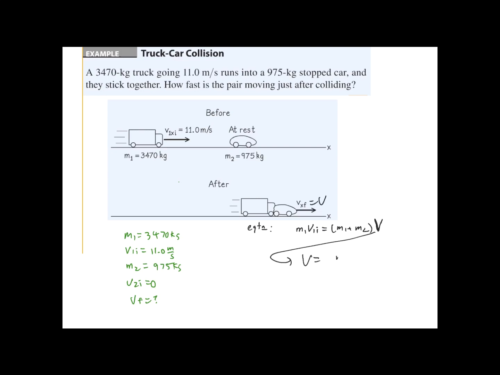So v is just going to be m1 v1 initial over m1 plus m2. So it'll be moving at 8.5 meters per second. Okay, so after the collision, the two things moving together will be moving slightly slower. That's kind of what we expect here.